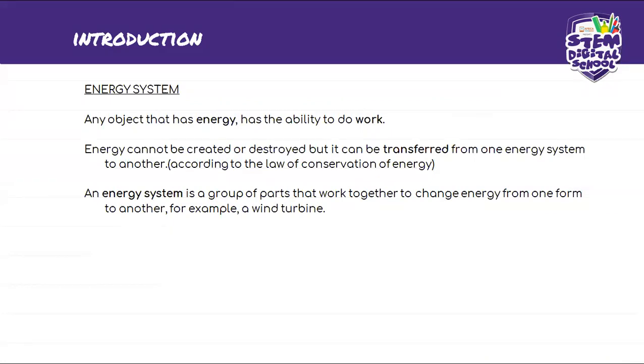So, what is an energy system? An energy system is any object that has energy in it and is able to use that energy to do work. In other words, any object that has energy will have the ability to do work.